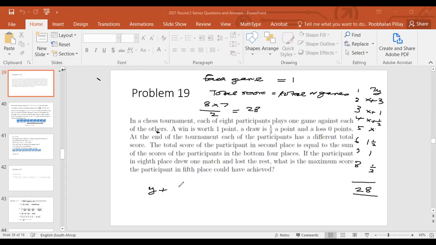So y plus 4x, and then the numbers are 4, 4.5, 6, 7, 7.5.